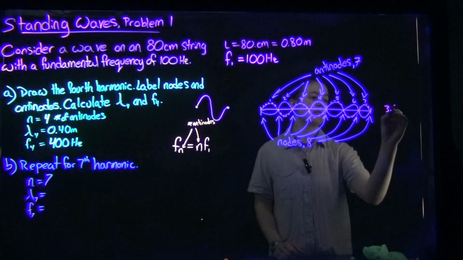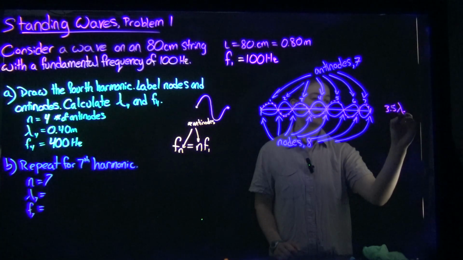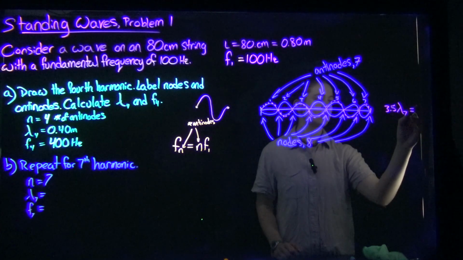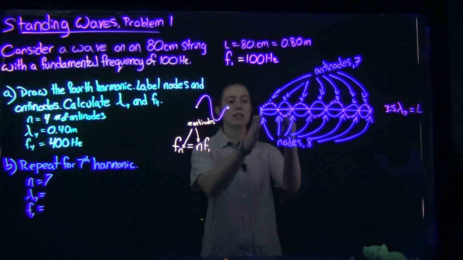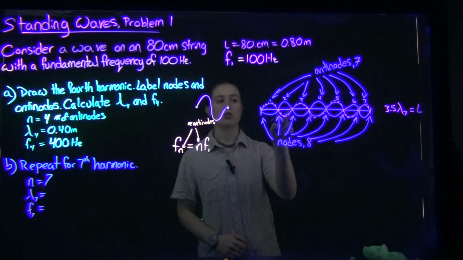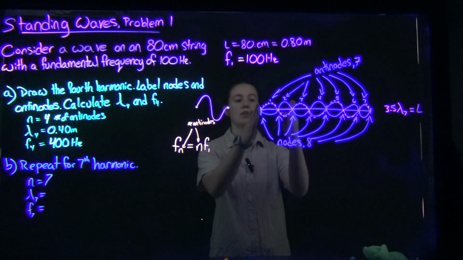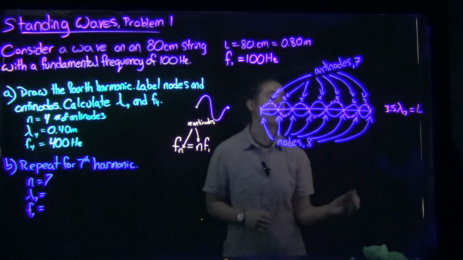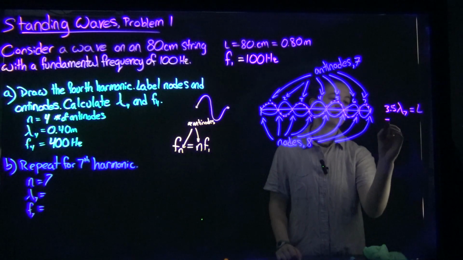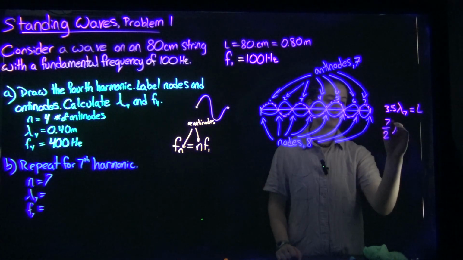So we have 3.5 wavelengths in L, and you can see for every 2 nodes we get 1 wavelength. So if you wanted a little shortcut, you can just go 1, 2, 3.5. 3.5 is 7 halves.